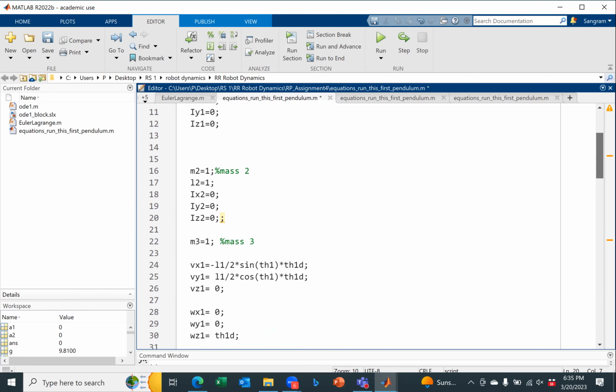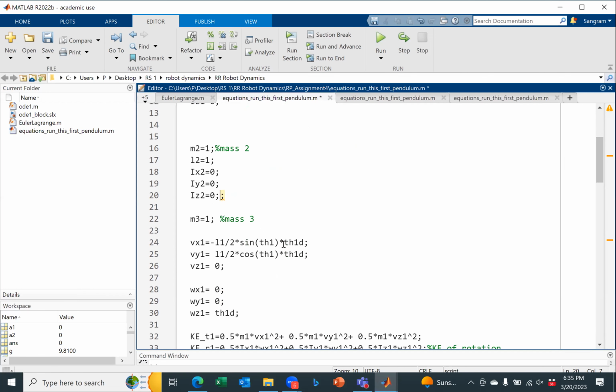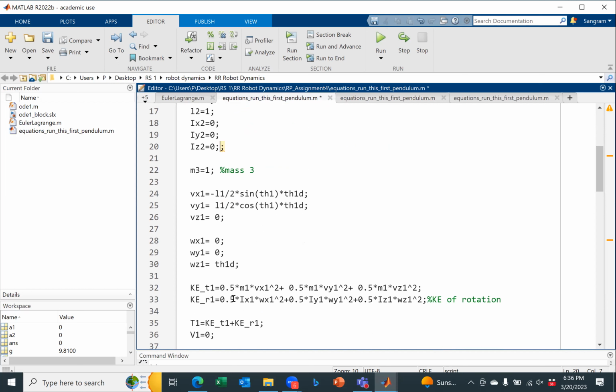Then what I do is I find out the velocity Vx1, Vy1, Vz1, omega x1, omega y1, omega z1 is theta1d. Then I find out the kinetic energy of translation. Please understand, since my Ix1 is 0, since my Iy1 is 0, since my Iz1 is 0, the kinetic energy of rotation for this system is going to be 0. So this is actually 0.